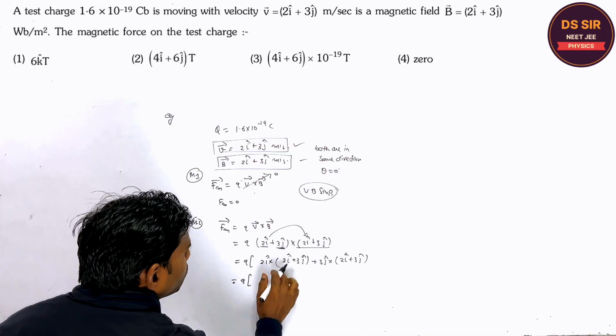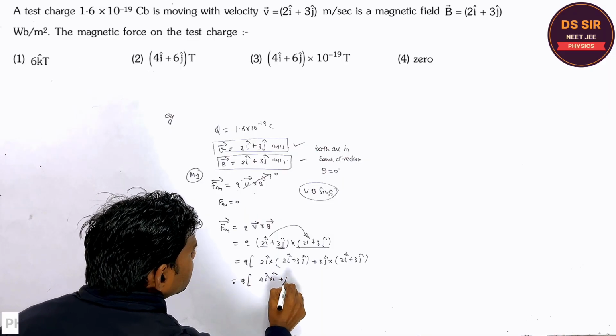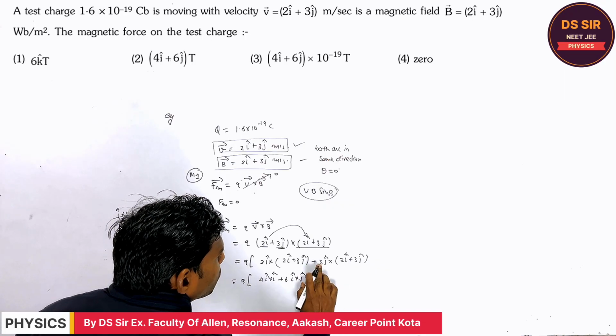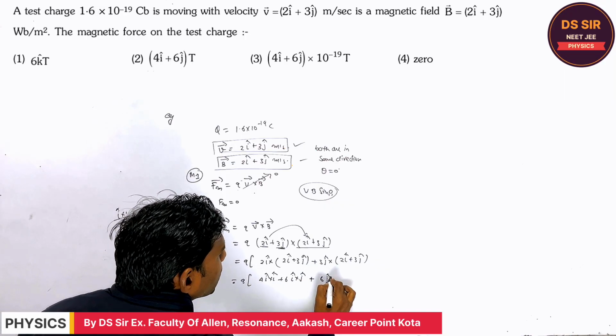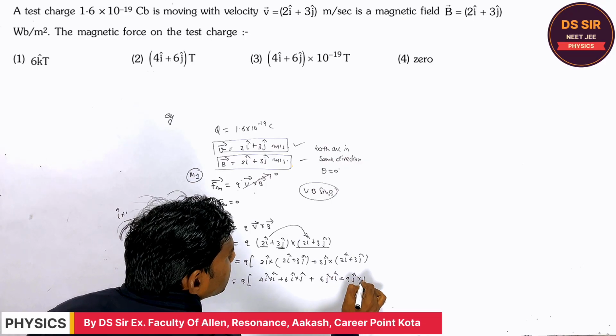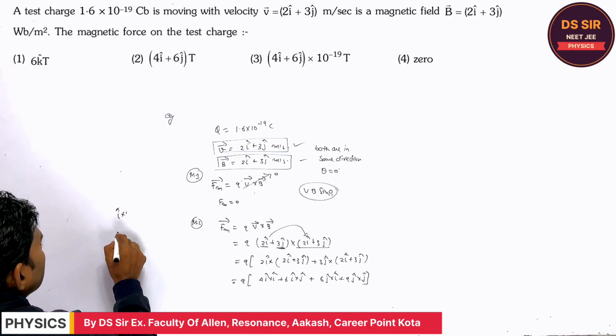So this is 2 × 2 = 4 i cross i, 2 × 3 = 6 i cross j, then 3 × 2 = 6 j cross i plus 3 × 3 = 9 j cross j. Is it clear or not? What is i cross i? 0.